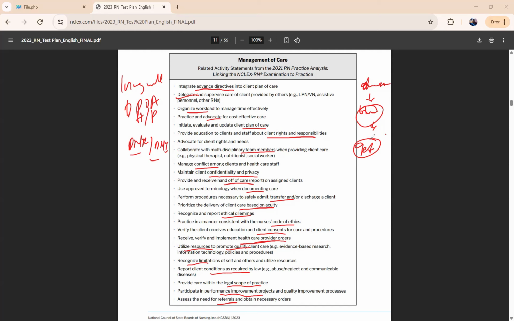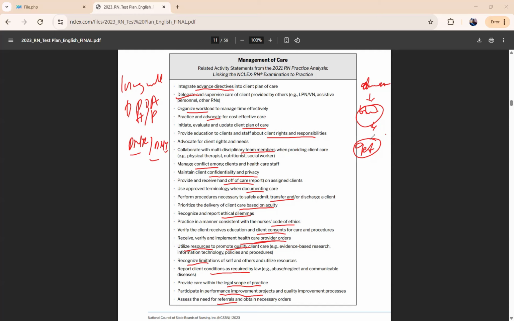It's the client's right. The client might say, no, I'm changing my mind. If they say that, yes, initiate the change for them. Tell the doctor about the changes so that it can be changed.